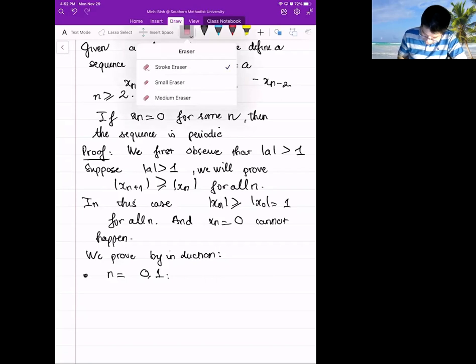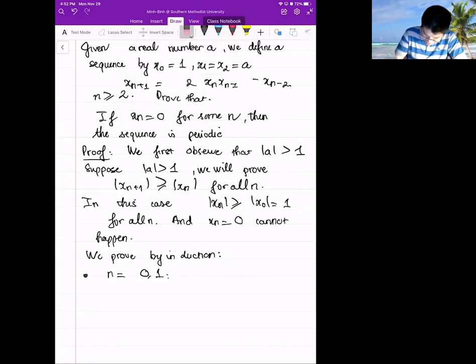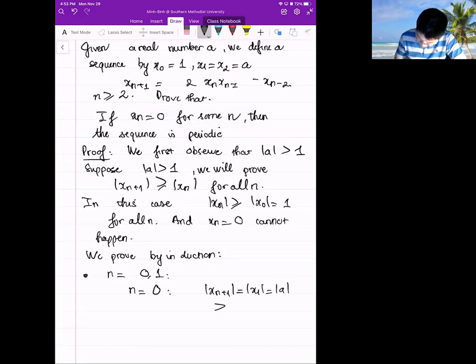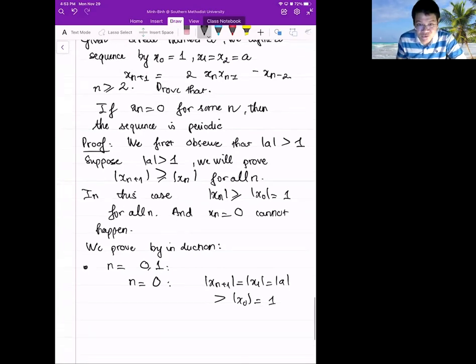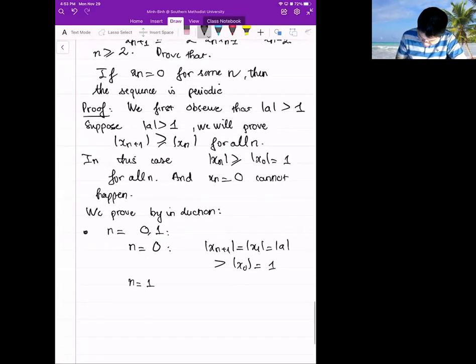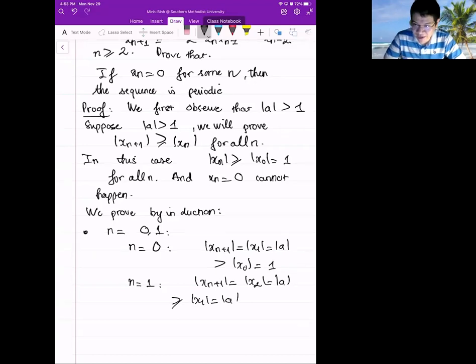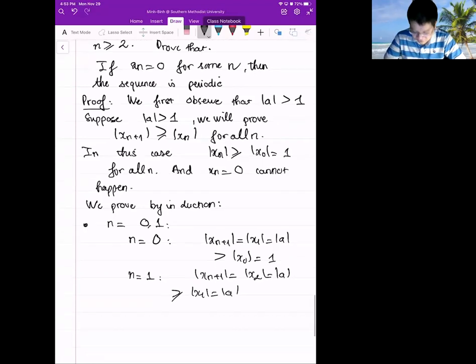For n equal to 0, then x_{n+1} will be x1, which is A, and this is bigger than x0, which is 1. So this is true. Now, when n is equal to 1, then x_{n+1} will be x2, and this is A, and this is also bigger than or equal to x1, which is A. So the claim is true for both n equal to 0 and 1.